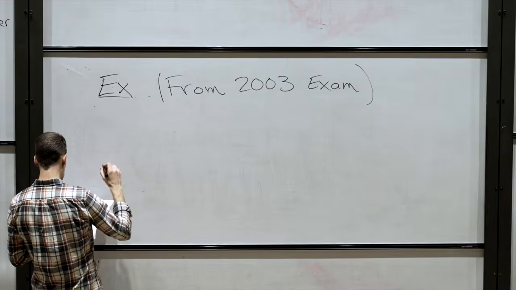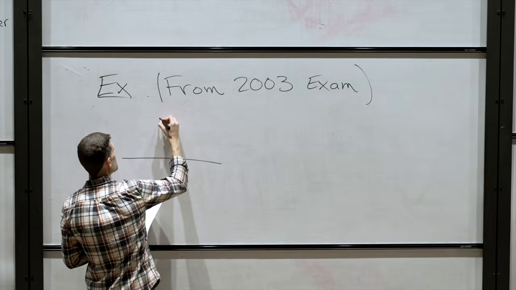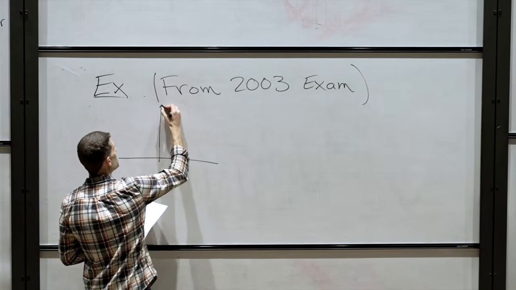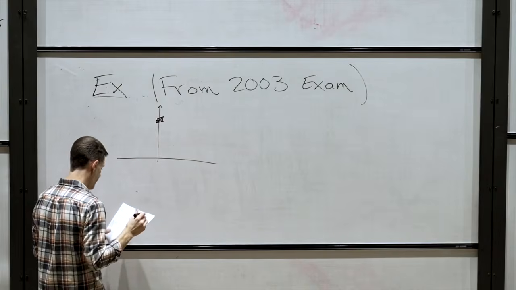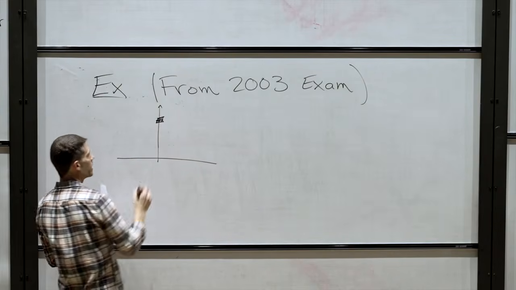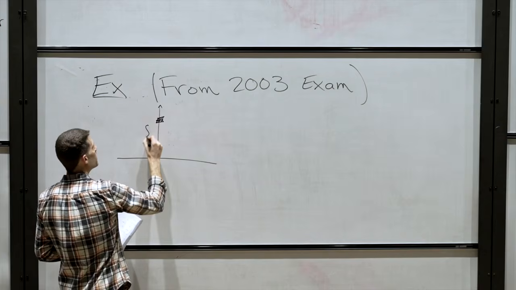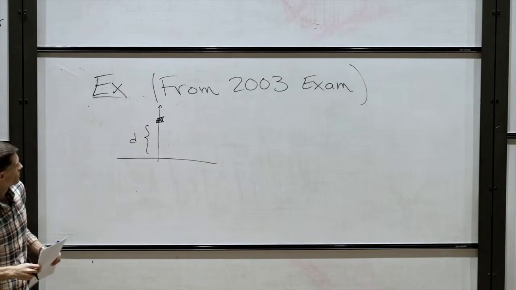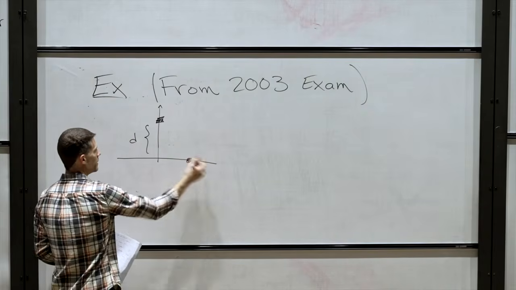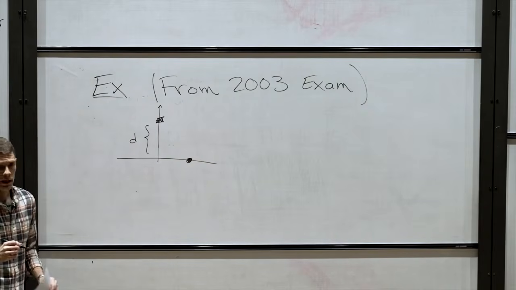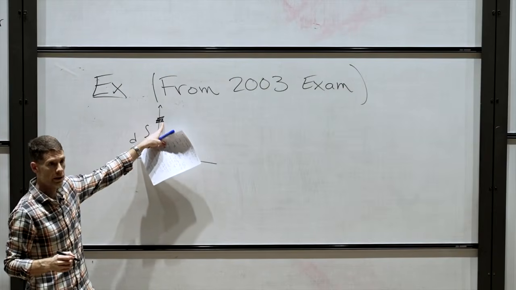I have a little block there, and I have a spring. Let's call this distance d, and what I'm going to do is attach a mass to the x-axis, and then attach the mass to that point by a spring.